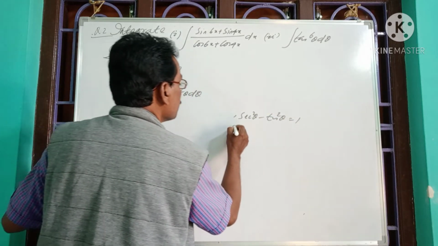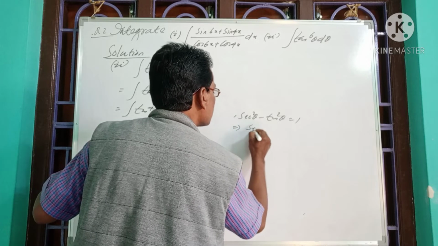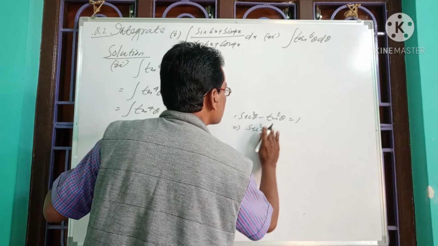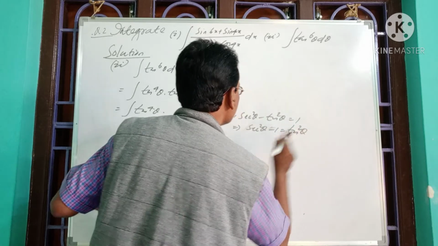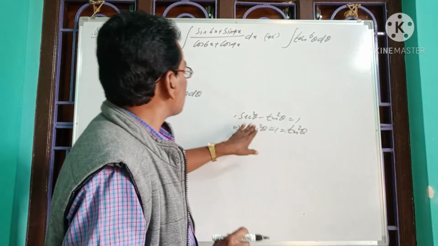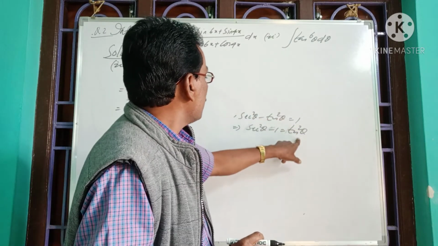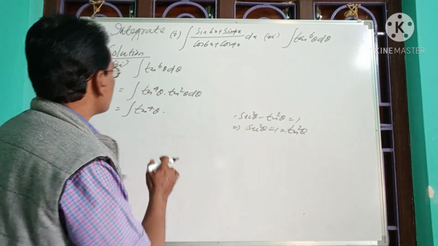So sec square theta minus 1 is equal to tan square theta. In place of tan square theta we have to replace sec square theta minus 1.